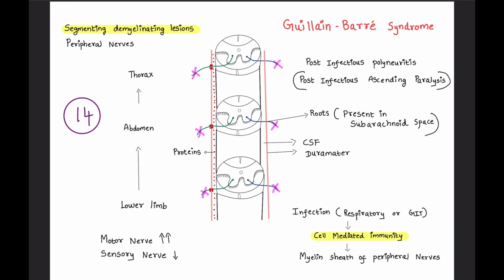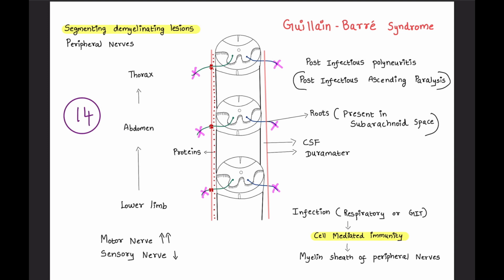That immune system reaction will attack the Schwann cells. So where do you see the Schwann cells? Schwann cells are present in the nerve fibers. Why is the immune system attacking the Schwann cells?